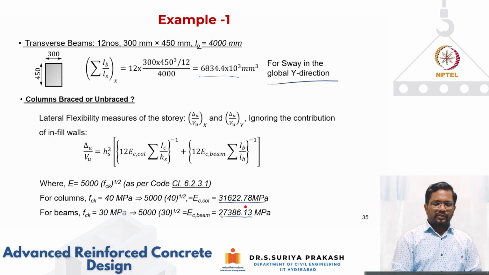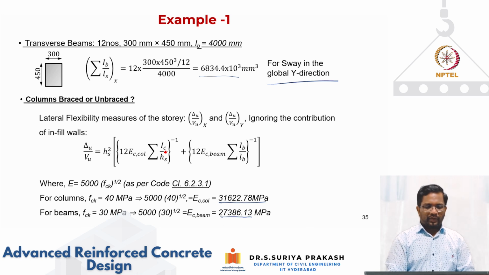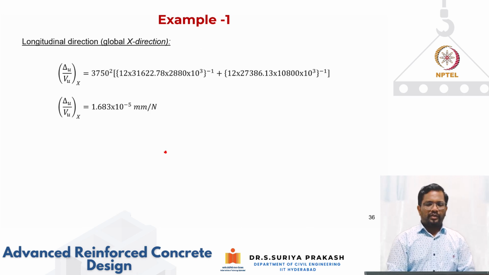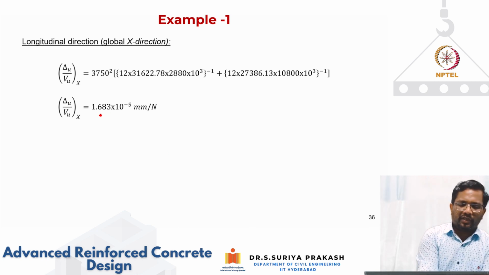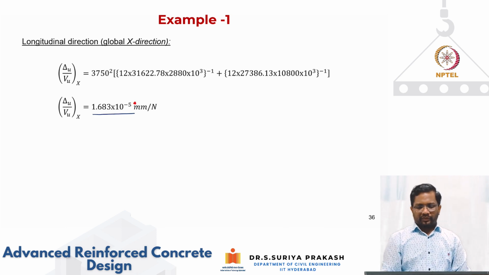So you plug in this, and you have already calculated this inverse, okay? So when you do that and plug in these values, you find that the lateral flexibility in the x direction is 1.683 into 10 to the power of minus 5.